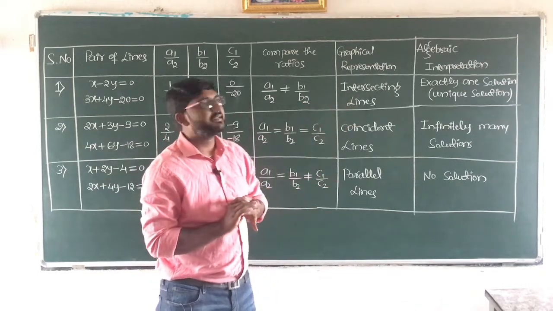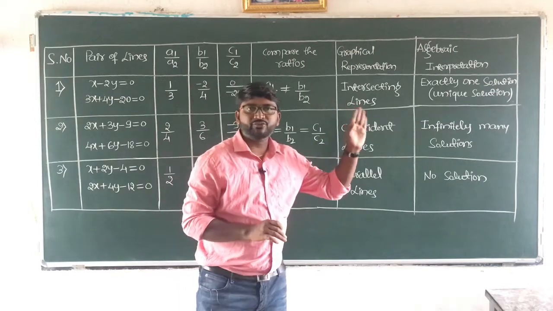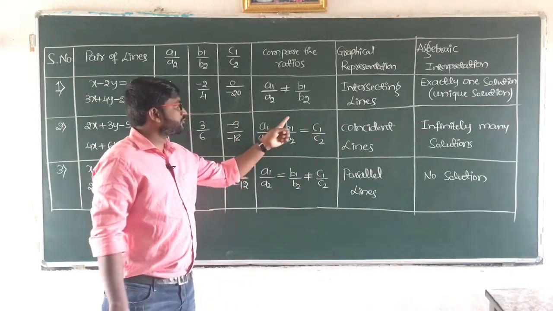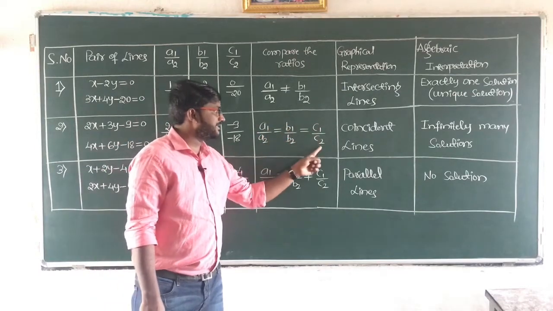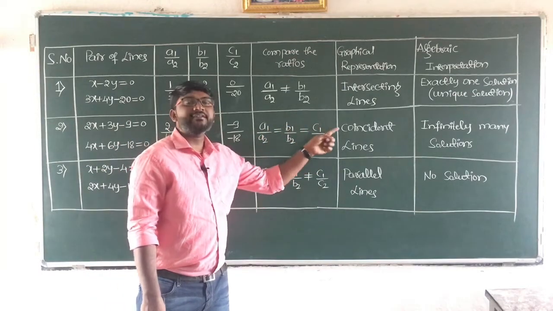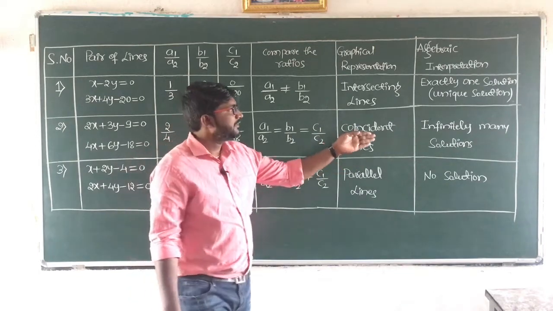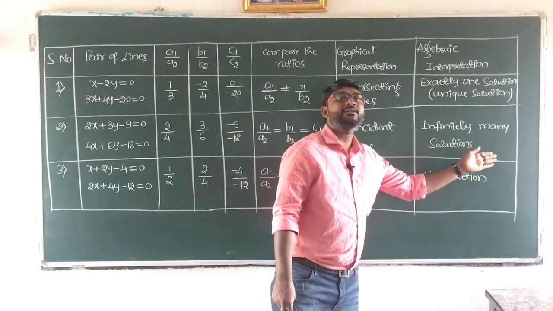If they are intersecting lines, they have exactly one solution. And if A1 by A2 is equal to B1 by B2, which is equal to C1 by C2, then the two lines are coincident lines, and they have infinitely many solutions.